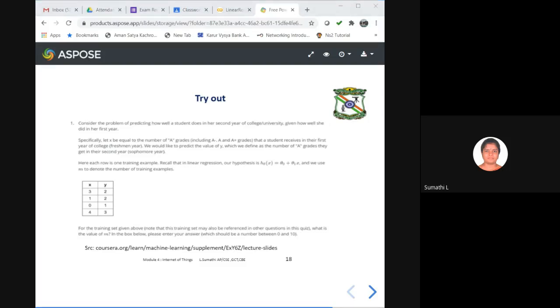Let me share my screen so it will be easy for you. Okay, where is it? I temporarily stop presenting and I will present my entire screen.